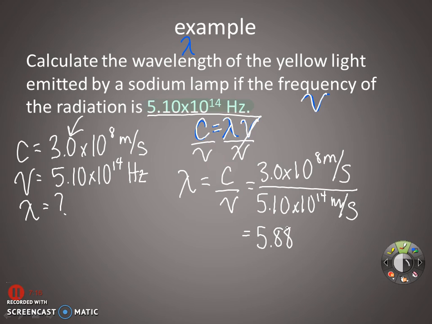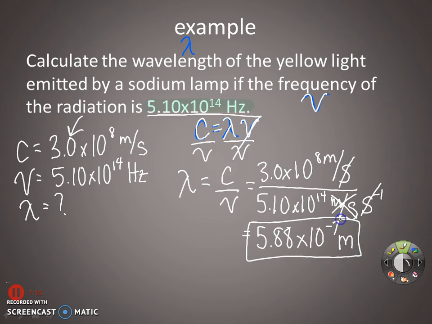You'll see an E down there. Remember, that means times 10. And then we're going to make the last part of that number an exponent, -7. And I messed up with my units here. That should not be meters per second. That is a hertz, which is the same as a reciprocal second. Sorry about that. So the seconds are going to cancel out, and we are left with meters for our wavelength.